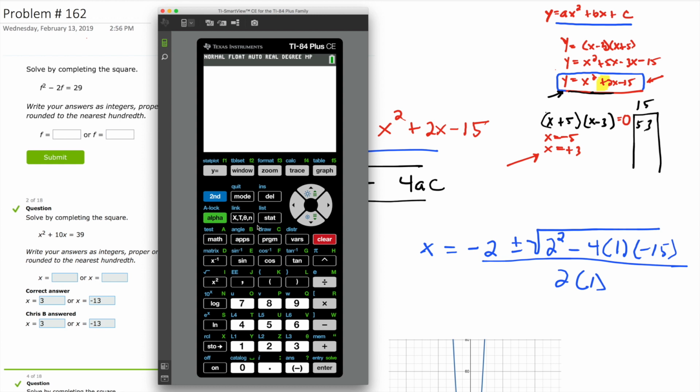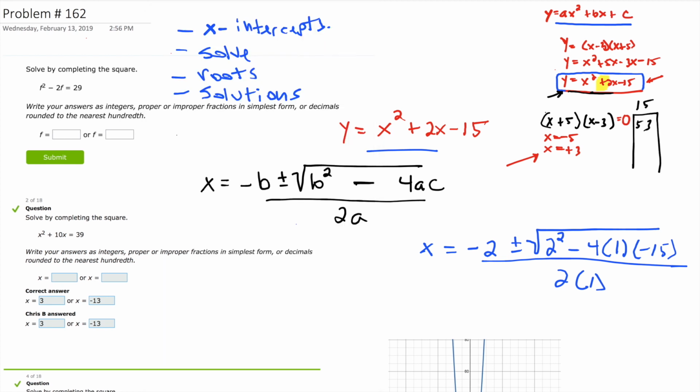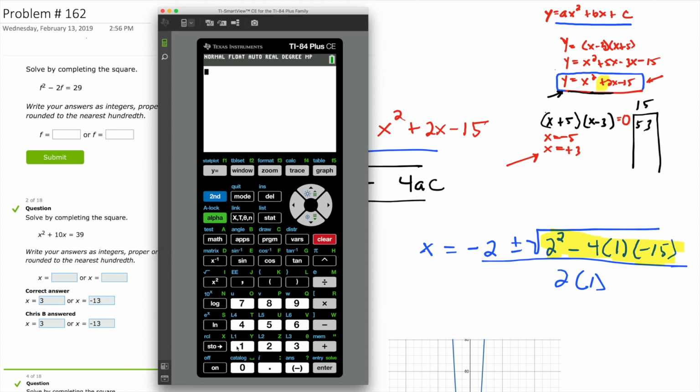All right, so the easiest way to do this, so you don't mess up, is this part right here. Type it in your calculator exactly like you see it. That's the mess-up-free way of doing it. So just go 2 squared minus 4, and we'll do the 1 just to get in the habit.